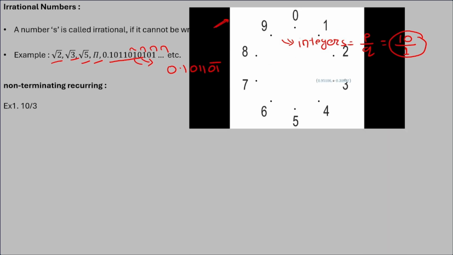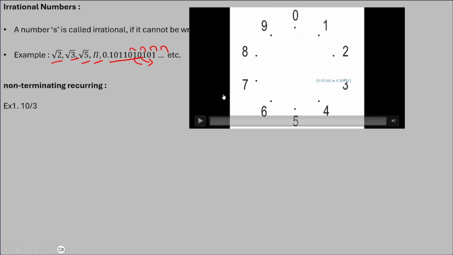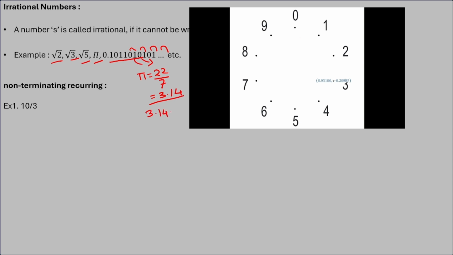Okay. Now to give you some pictorial idea of how the pi value is changing and why you cannot write it in p by q form, I am showing you this video. So actually pi is approximately 22 by 7, and in short form we write it as 3.14, but this is a series of infinitely many digits.